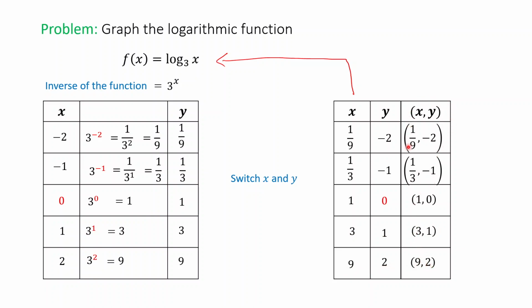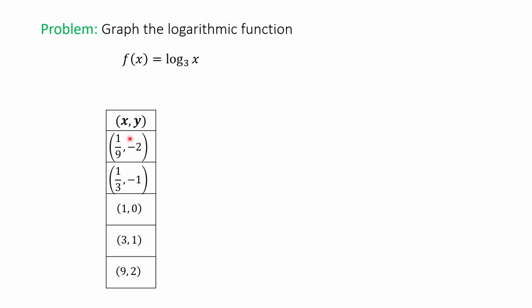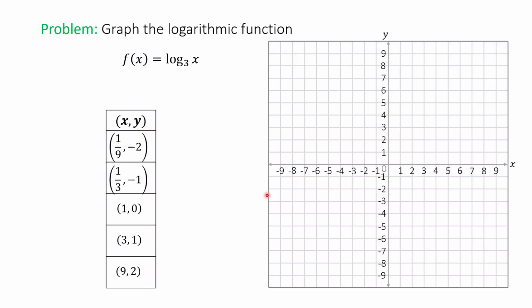Now make a graph for these points. So these are the points. 1 over 9 is close to 0.1. 1 over 3 is close to 0.3. So 0.1, negative 2. 0.1 is close to 0. So somewhere here. And negative 2.